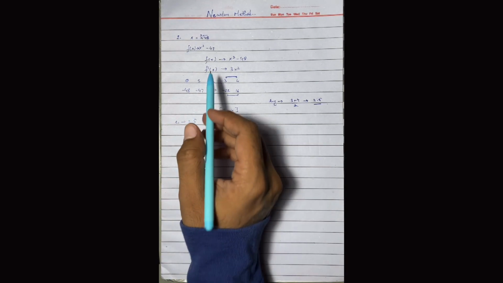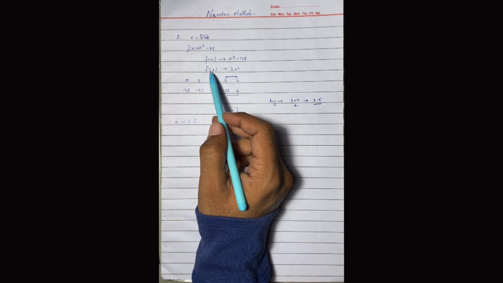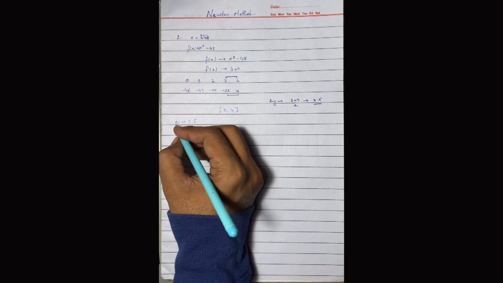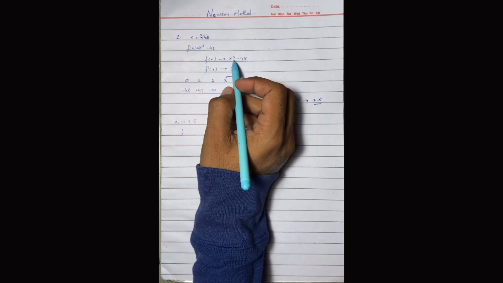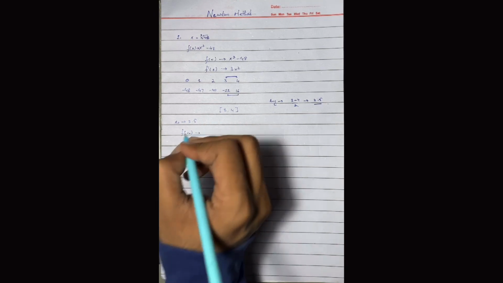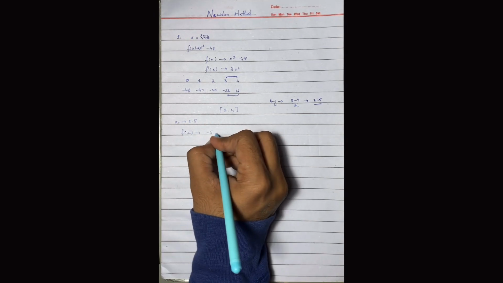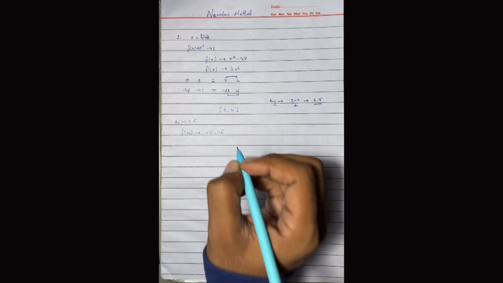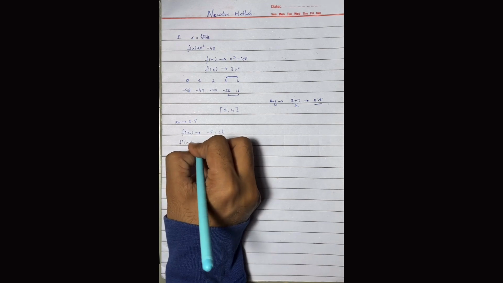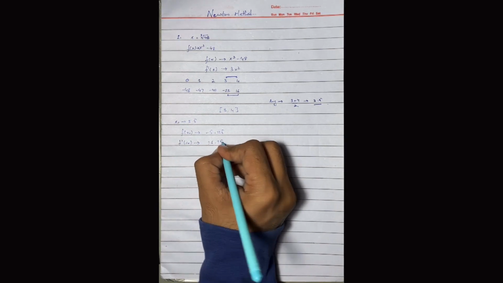Now put this x naught in f of x and the derivative of f of x. If we put x naught in this equation, we will get f of x naught equal to minus 5.125, and the derivative of f of x naught will be 36.75.